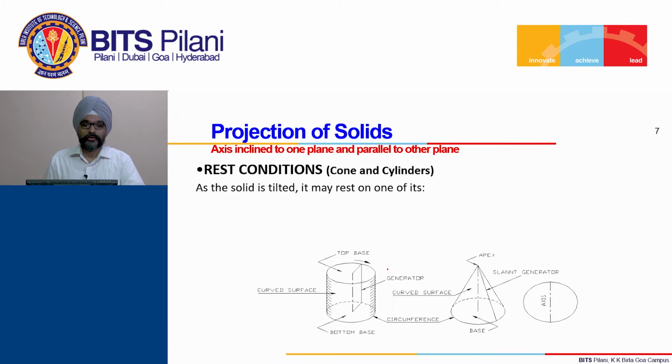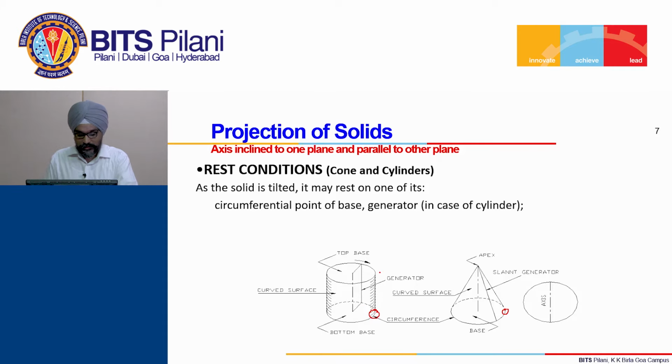For cones or cylinders, we may be told the solid is resting on its circumferential point. Then we must understand that it may be any point on the circumference of the base. It may also be resting on the generator. For the cylinder, it can be the circumferential base point.